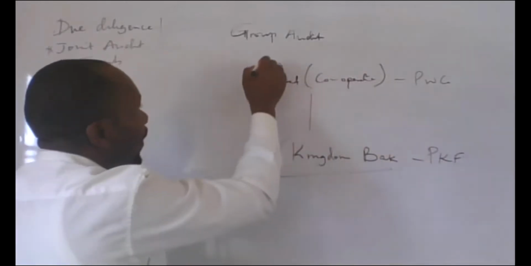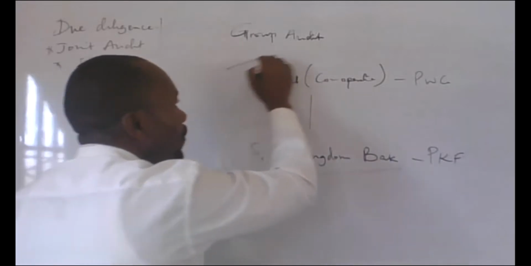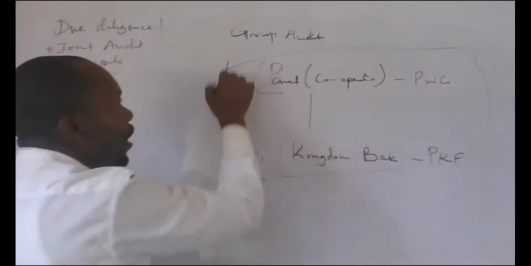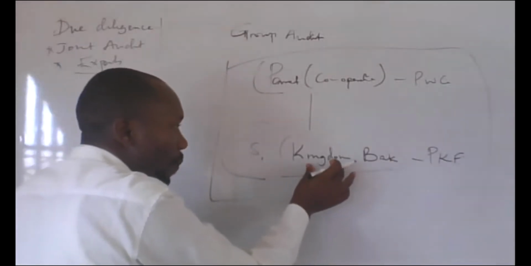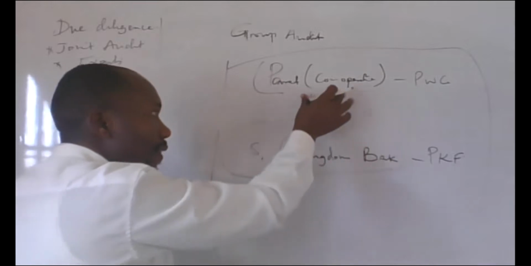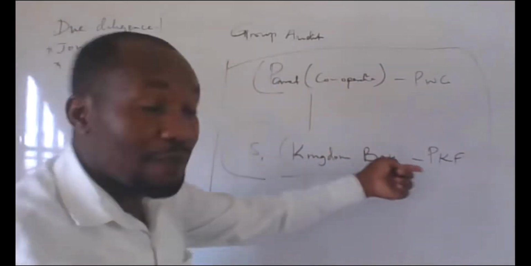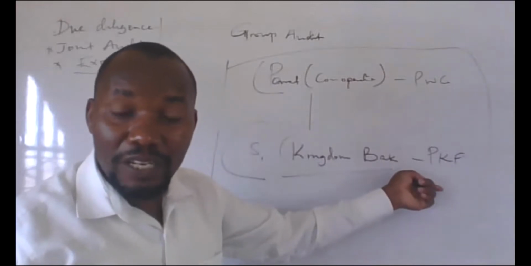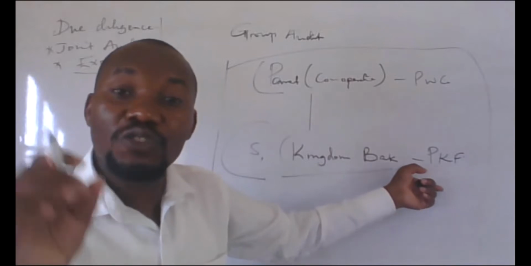Group audit, this one is a parent, this one is a subsidiary. Now, when we are trying to evaluate the risk that is here, we are looking at the group audit, where we have a group of branches and then the parent. But if they are of different audit firms, then it is joint audit and also group audit.